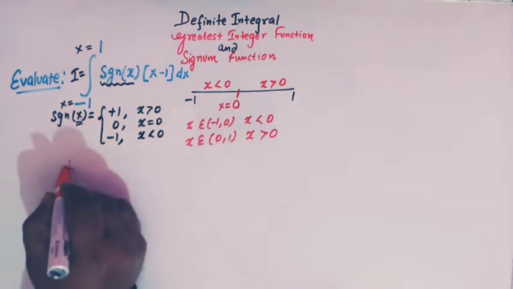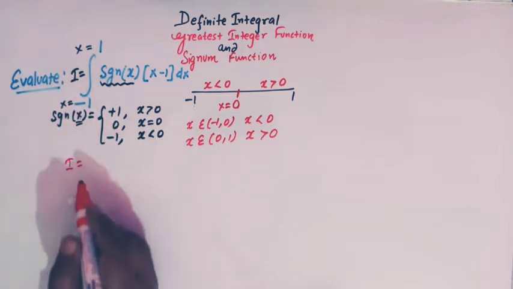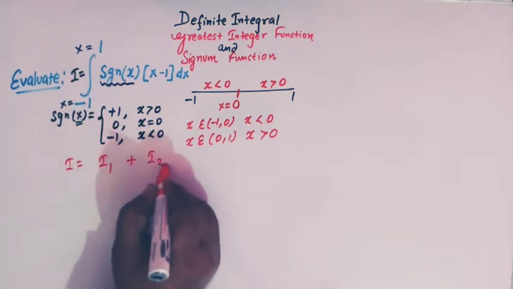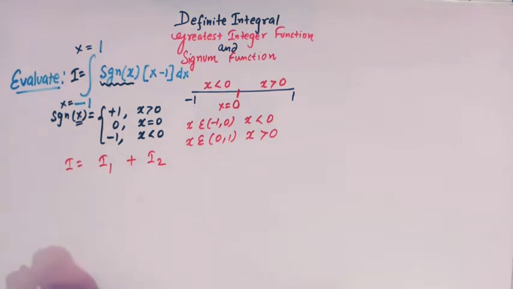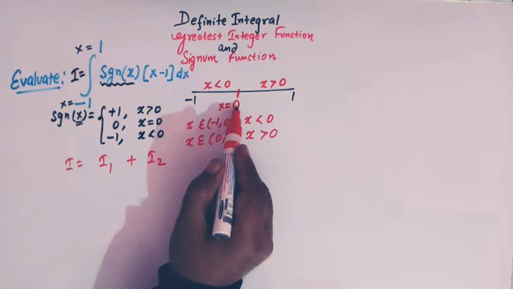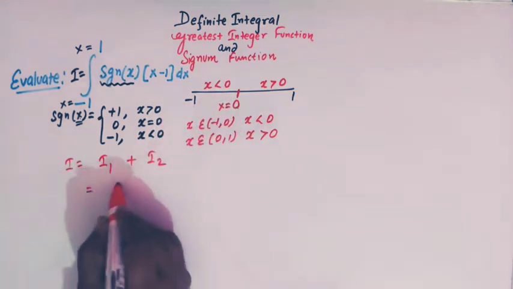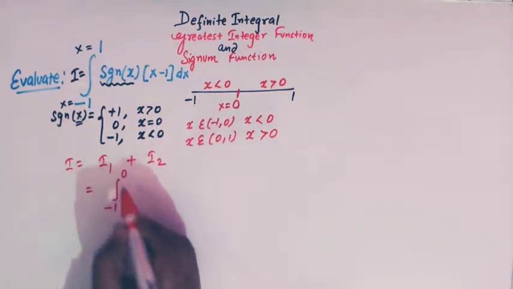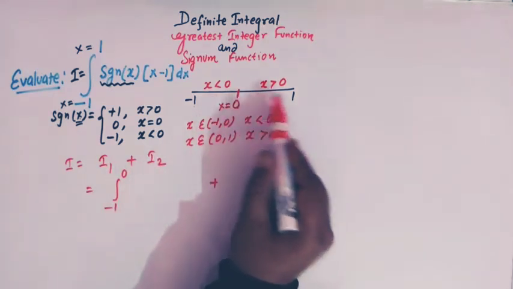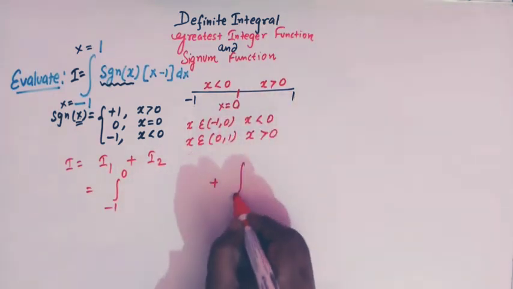Now this integral I can be written as a sum of two integrals, that is I1 and I2. I1 is from -1 to 0, and I2 is from 0 to 1.